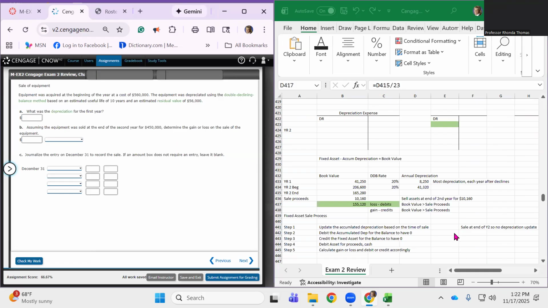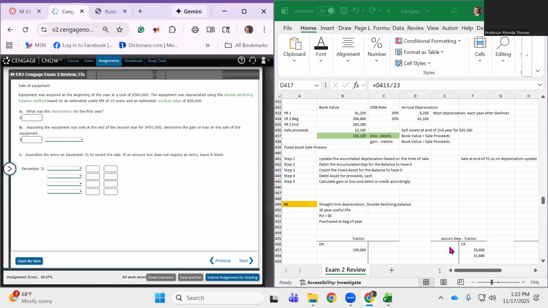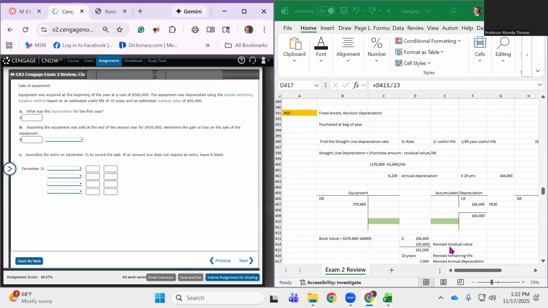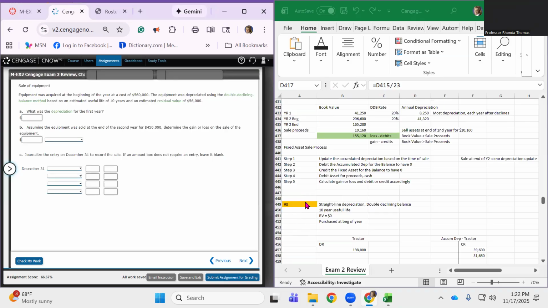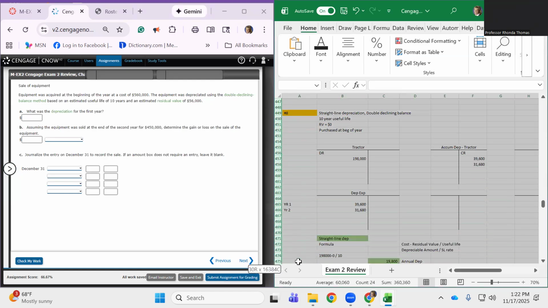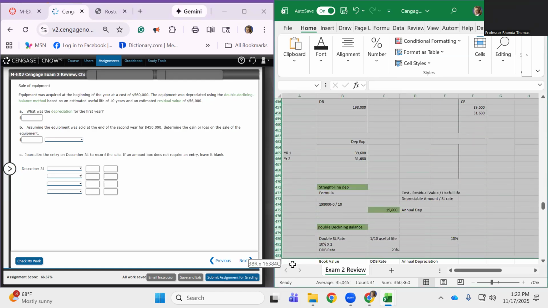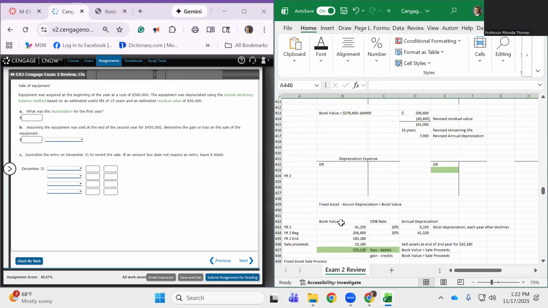Okay, the sale of equipment. We're going to use this for number 11 here. So I'm going to move all this down. And this can be a little tricky, as you can imagine. So let me move this down, insert. Okay.